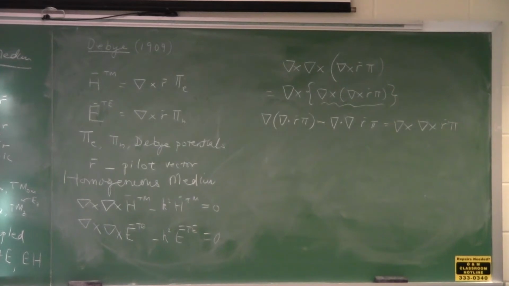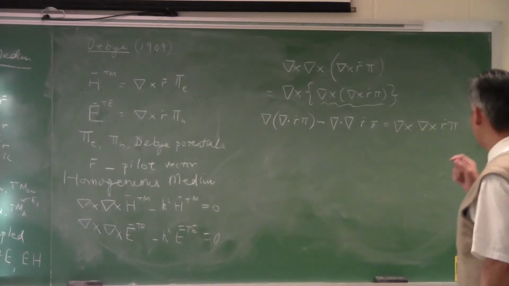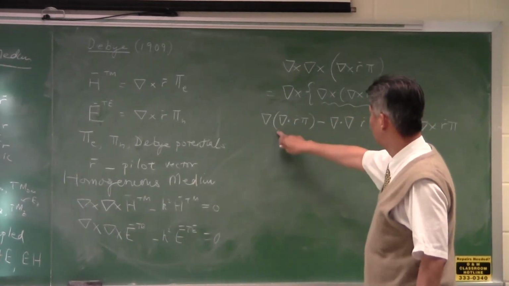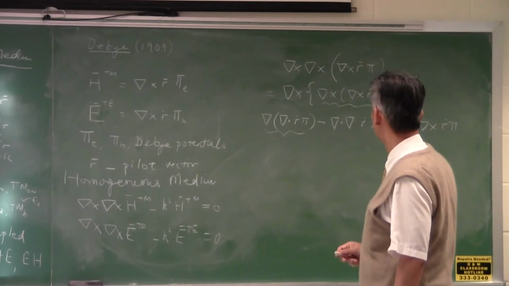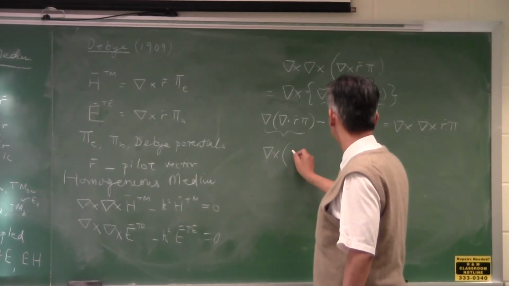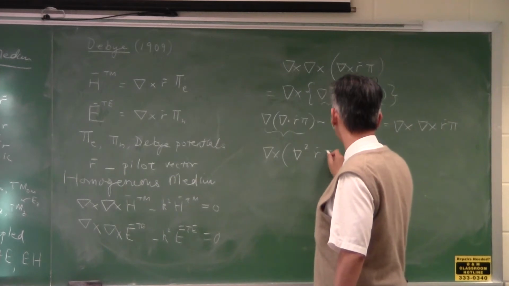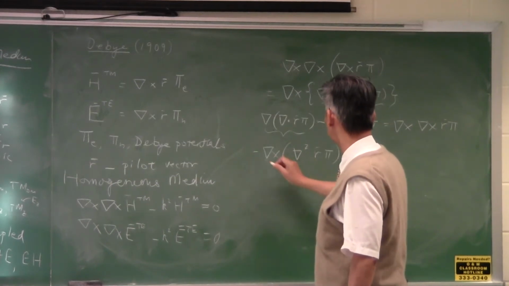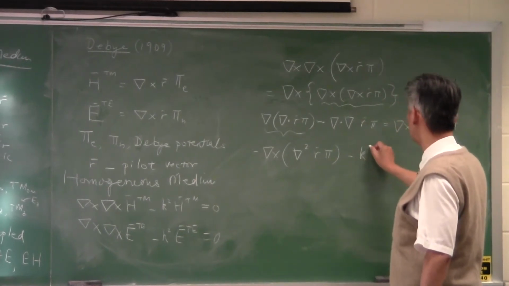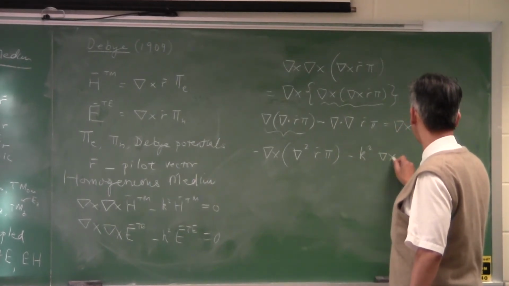You remember this knowledge? Everybody knows that. And then if you plug this into the above again, you take the curl of this, the first term goes away. What you have then is curl of Laplacian of R prime becomes the first term. And then the second term becomes minus k squared curl of R prime.